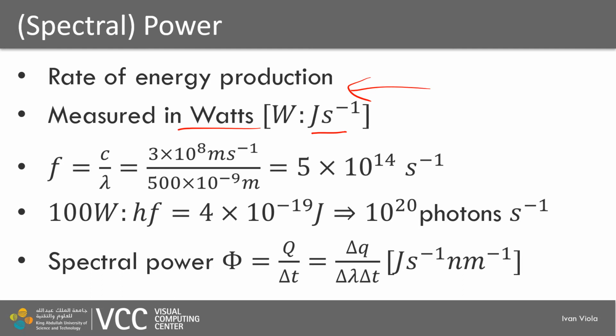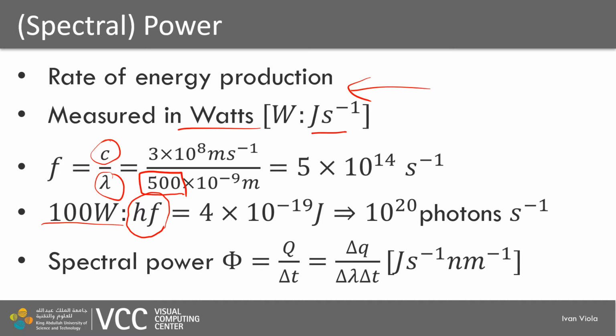Let's have a look at a particular example. Imagine that we would like to know how much energy is represented by a light bulb with a power of 100 watts. We can look at the actual energy of one such photon. Here we take an average photon wavelength of 500 nanometers, and you remember the equation from the previous slides with the speed of light and the wavelength.